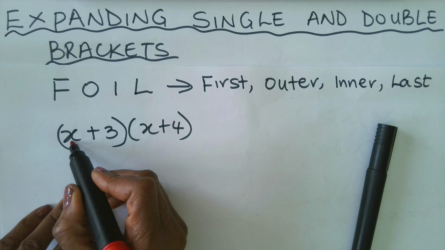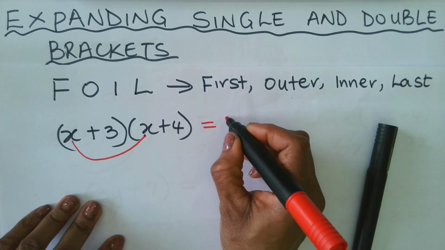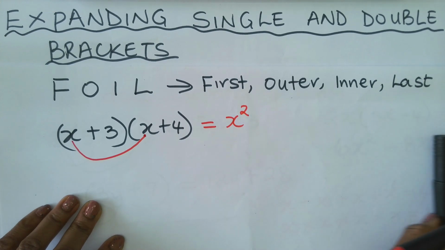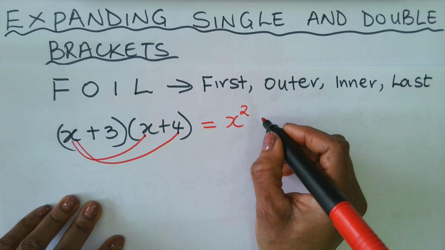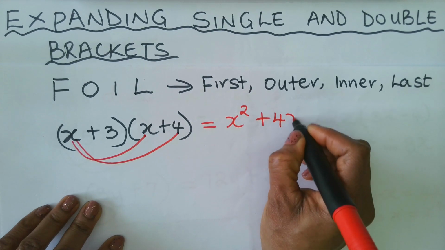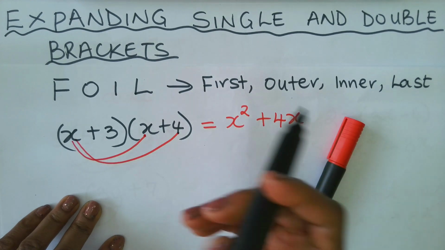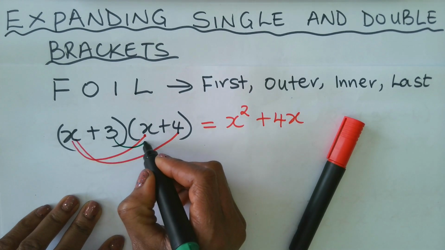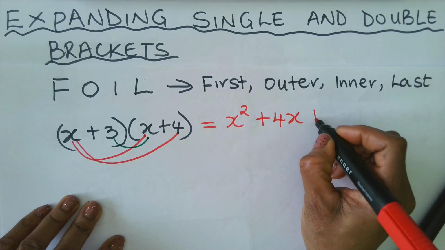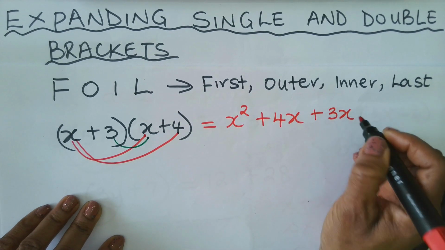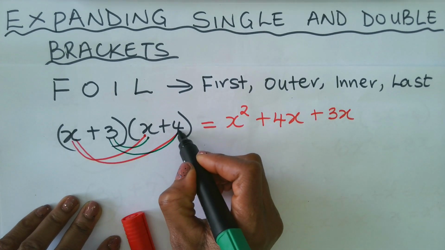The first, x multiplied by x is x squared. x multiplied by 4 is plus 4x. 3 multiplied by x is plus 3x. 3 multiplied by 4 is plus 12.